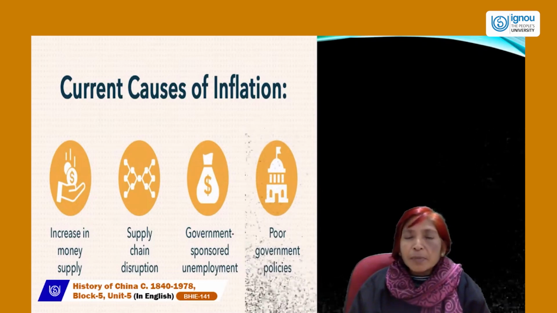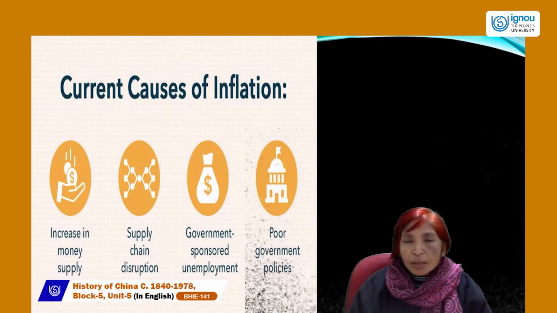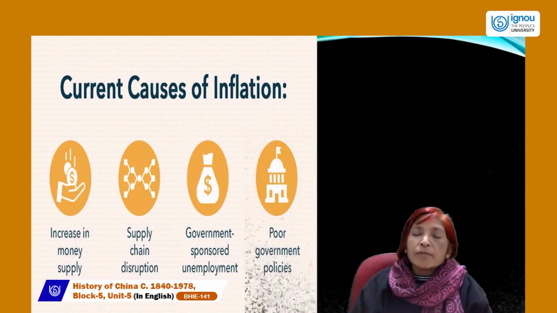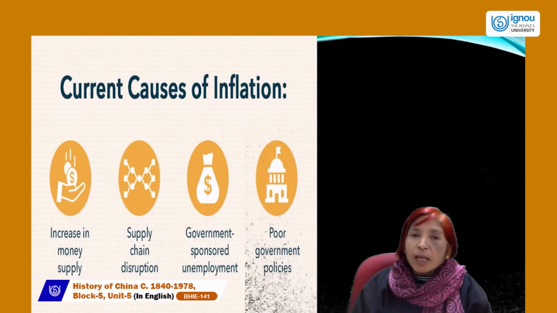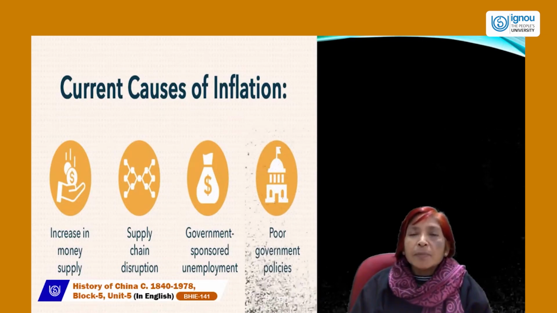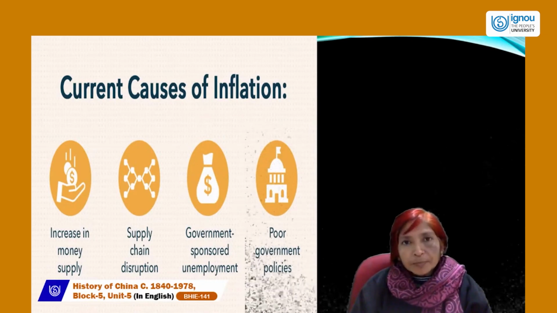So due to rise in price level, what is the main reason behind that increase in money supply? Because government makes a deficit budget. And why does government make a deficit budget? Its main reason is that government expenditures are greater than government revenues.